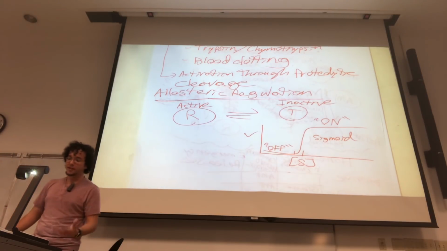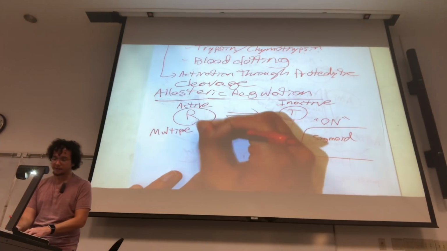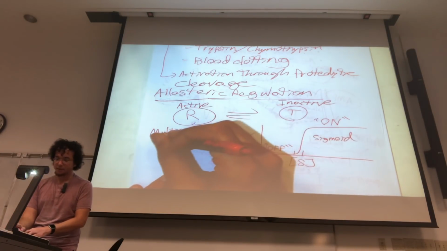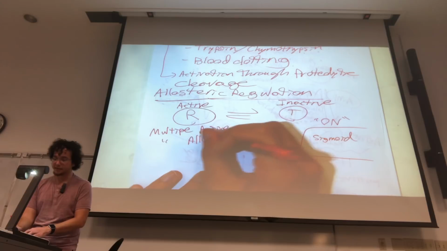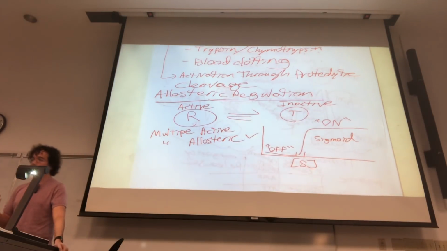I mentioned that allosteric enzymes have multiple active sites and multiple allosteric sites. This leads to a certain property. Because they have so many sites, they are susceptible to a lot of different types of regulation. So allosteric enzymes are special types of enzymes that are very tightly regulated.